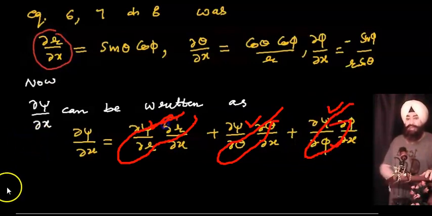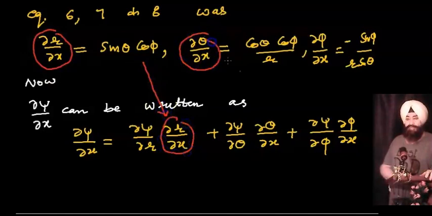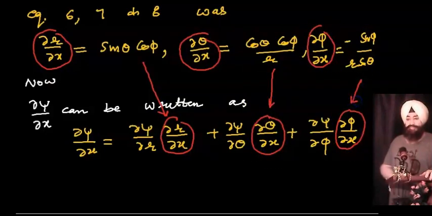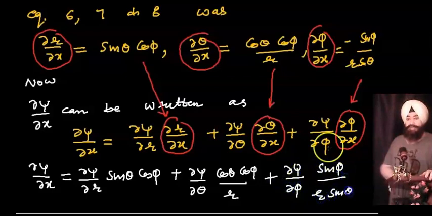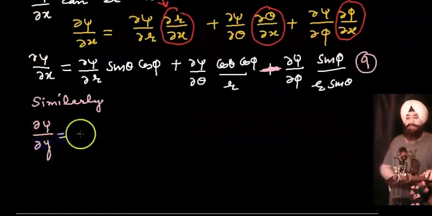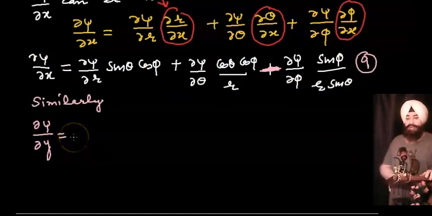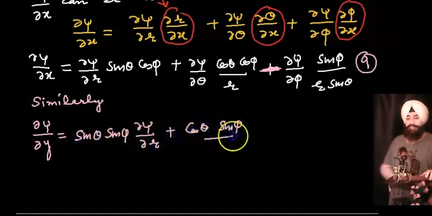So it is the same, curly psi by curly x. Substituting from 6, 7 and 8 these values, curly psi by curly x becomes this, with a minus sign here. Similarly, you can find yourself curly psi by curly y, and curly psi by curly z as well.